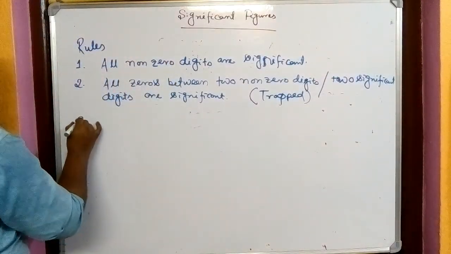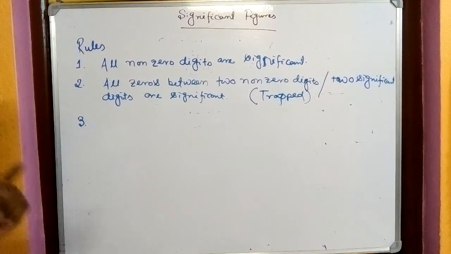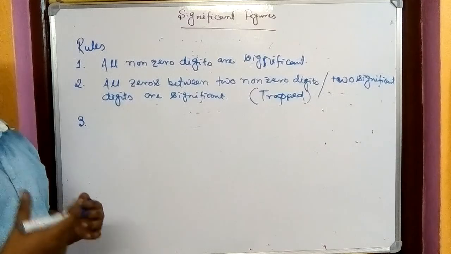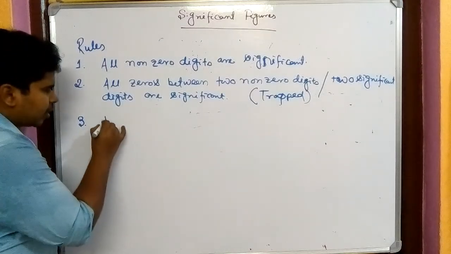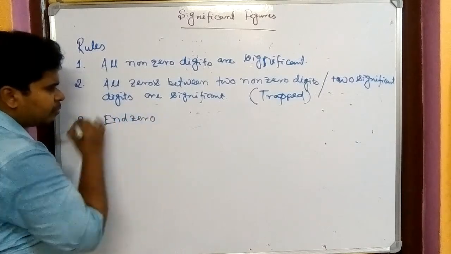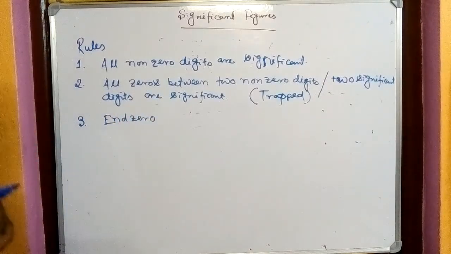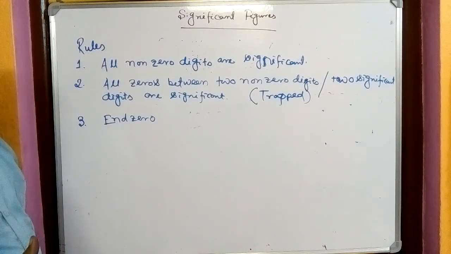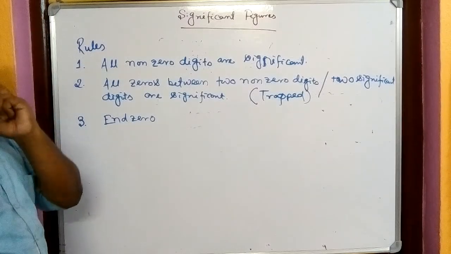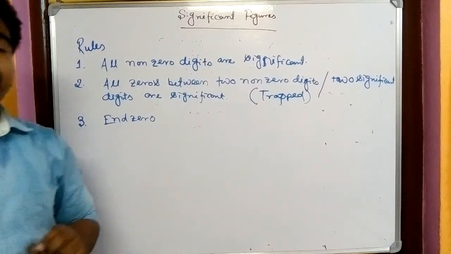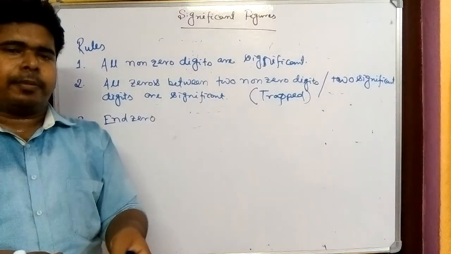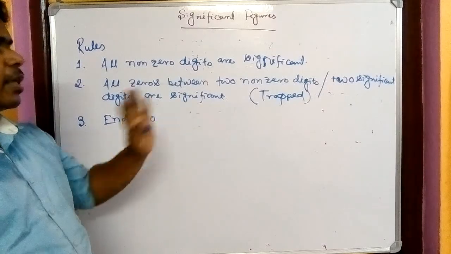Now the third one. From here you can say the level of confusion is increased. The first confusing level is the end zero. End zero problem. If a number ends with 0, whether the 0 should be taken as a significant number or not? Because we have seen that if the 0 is trapped between two non-zero numbers, that should be a significant number.